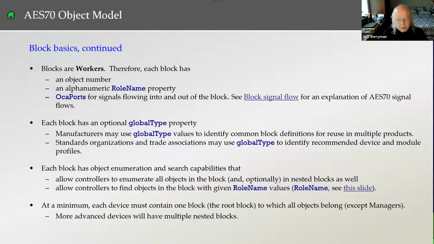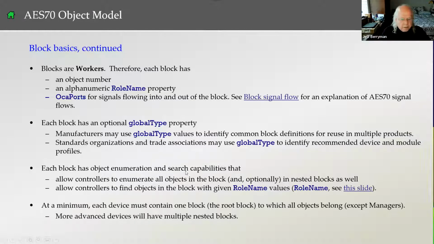If you're a mixing channel company with all these mixer products and you want to define a standard channel, you can give it a global type identifier. The format of a global type identifier is complicated in order to make sure that no two manufacturers ever have the same one. If you want to reuse the same mixing strip definition in 5 different products, you can. They'll all have the same global type property, and it simplifies management and reuse of your intellectual property.